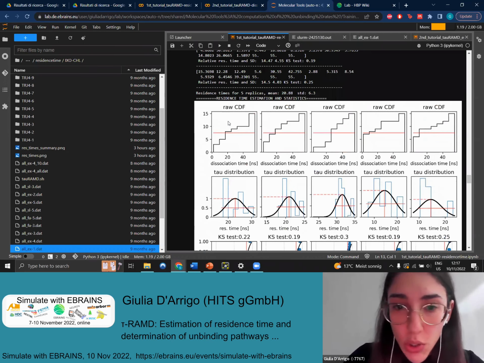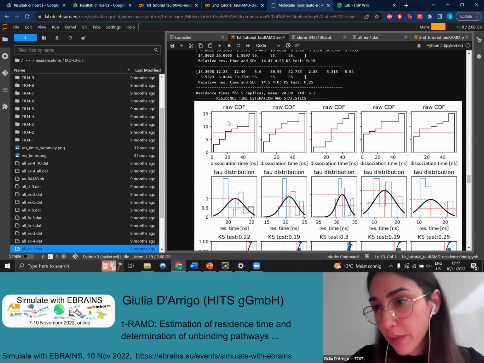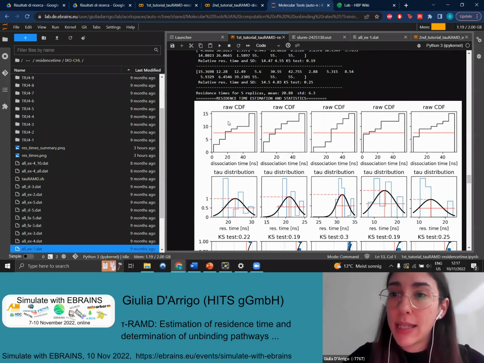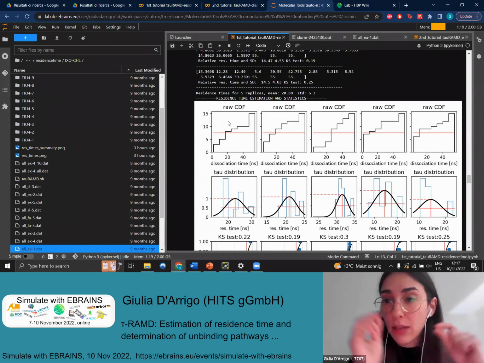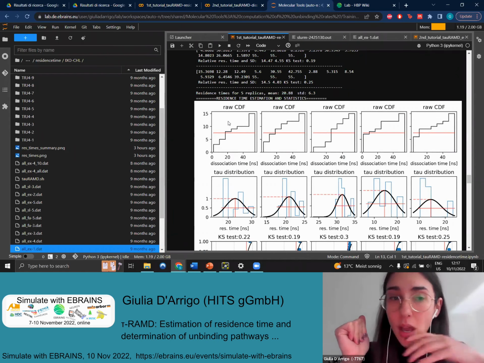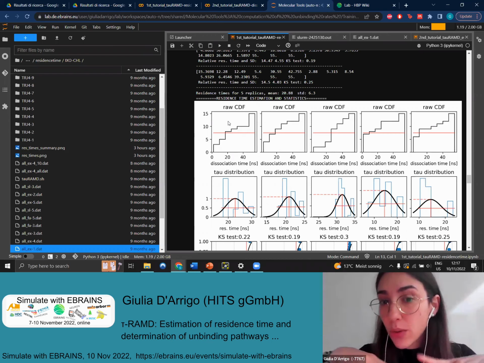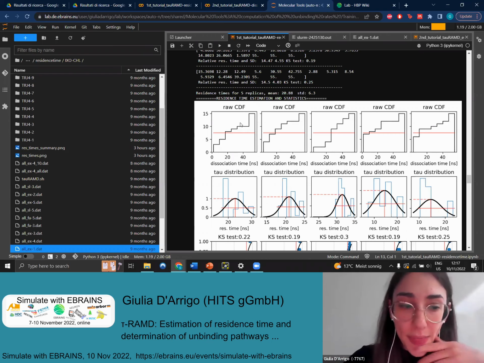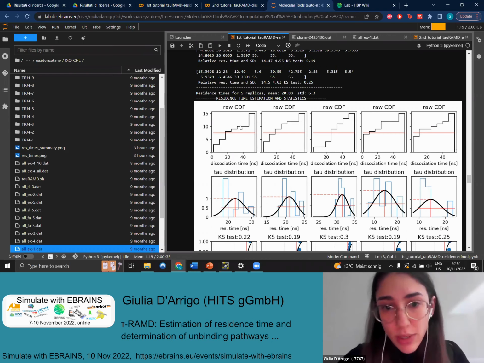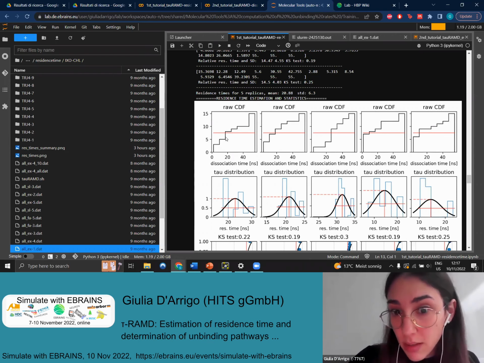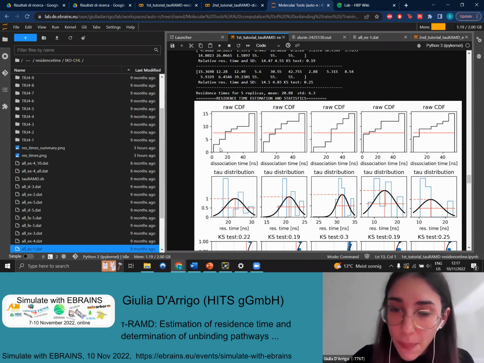In the first plot, you see the cumulative distribution function of the residence time. As I said during the presentation, we define the residence time as the time at which half of the trajectories are dissociated. In this case, the effective residence time is shown by this solid red line.